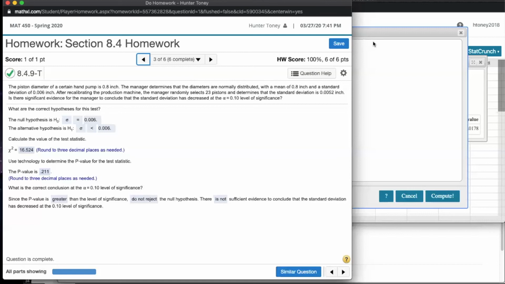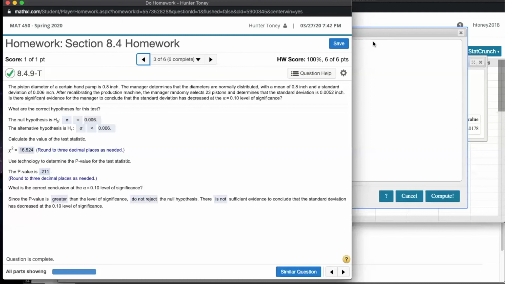So now we want to set up our hypotheses. What we're testing for is that the machine has a certain calibration. So we want the mean size to be 0.8 and only have a standard deviation of 0.006 inches.